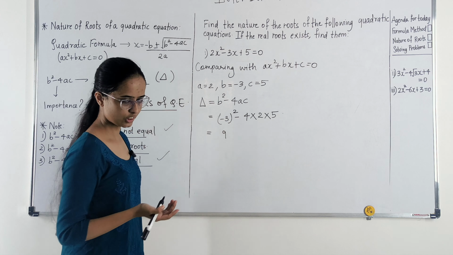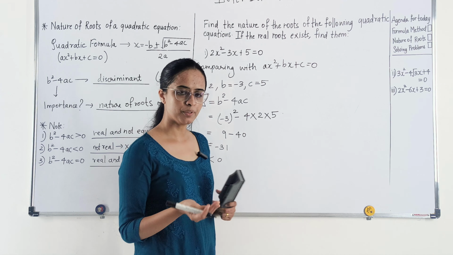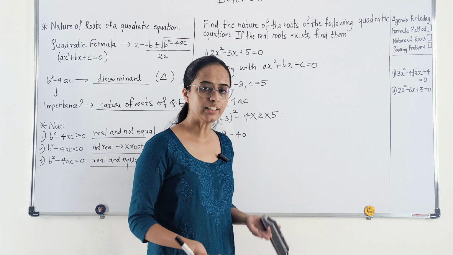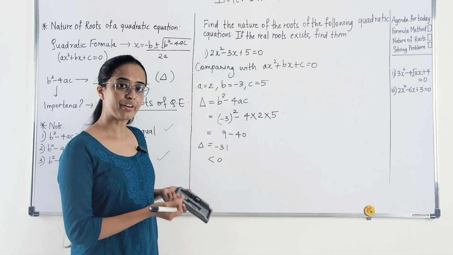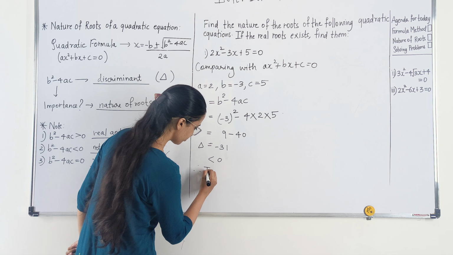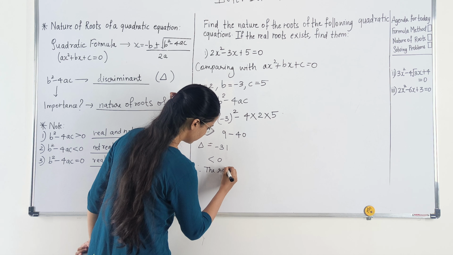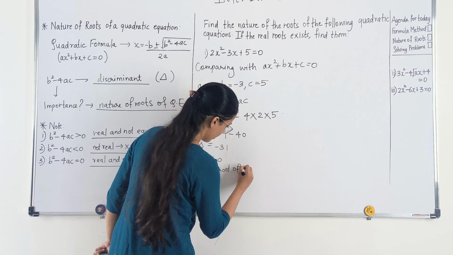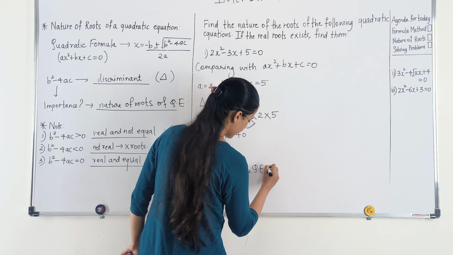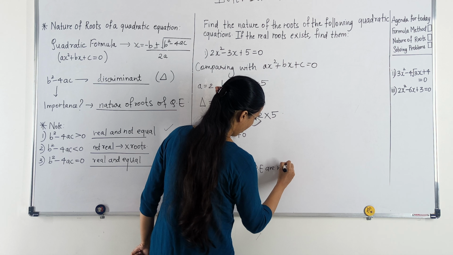This is b square minus 4ac and this is less than 0, it is negative. If this is negative, any negative person is not real, and if the negative person is not real, it means that the roots of this quadratic equation are also not real. So therefore the roots of the quadratic equation are not real.